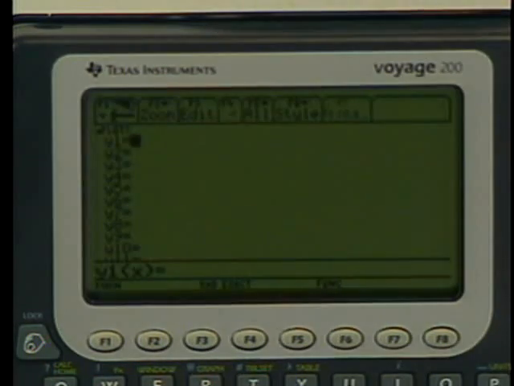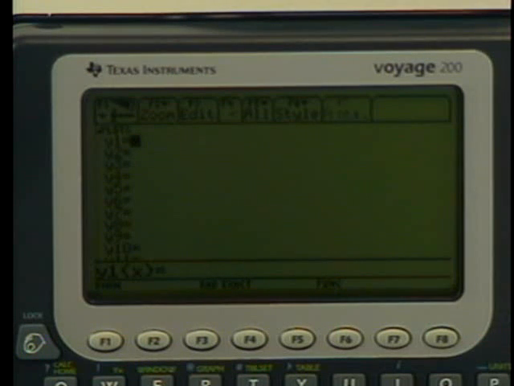Usually if I do a cubic, it's got to cross somewhere. It should have at least 1 zero, this cubic.